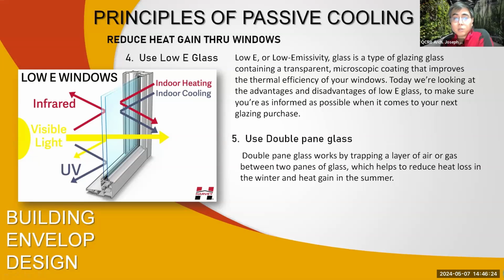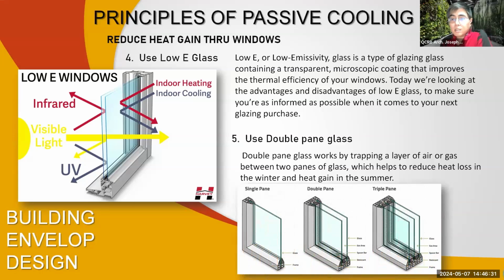Another option for you is to use double pane glass. Double pane glass works by trapping a layer of air or gas. So again, parang may air gap ka na naman between the two glasses.